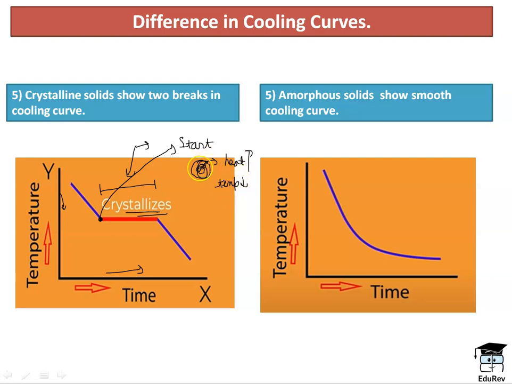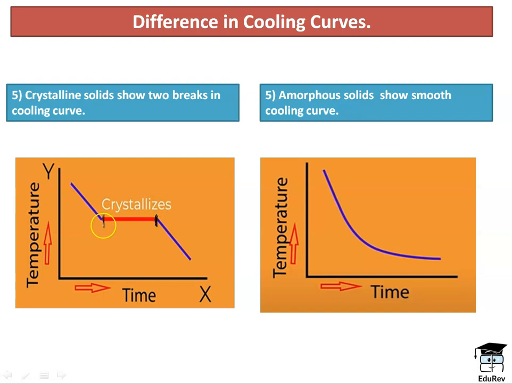But internally, the substance is releasing heat. So it nullifies. Overall, during crystallization, heat is increased internally, but externally temperature is lowered. That's why nullification takes place and the temperature remains constant for some time, until all the crystals get formed.